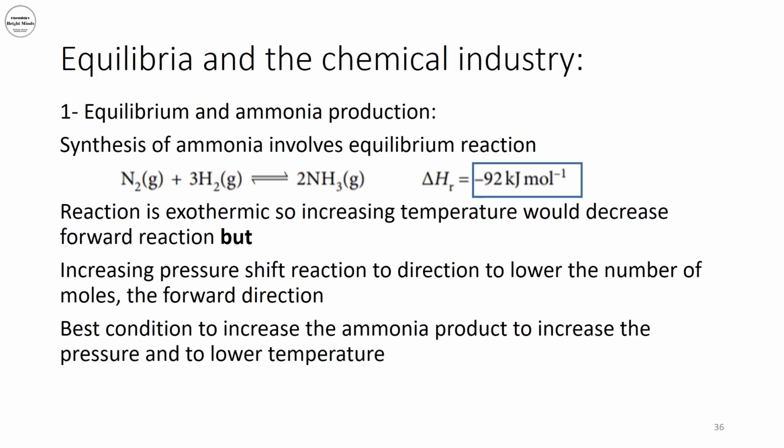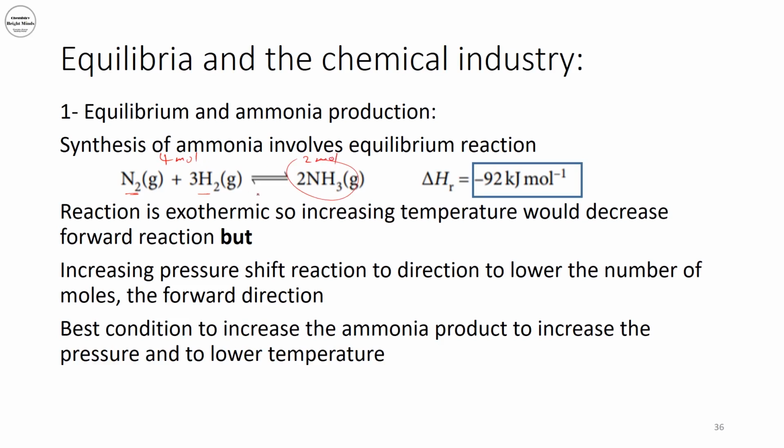Now, in industry, sometimes we have reversible reactions, and our role is to find out the best conditions to have the highest yield. In here, you could see in production of ammonia, I have nitrogen gas reacting with hydrogen gas to produce ammonia. In here, I have 4 moles, and in that side, I have only 2 moles.